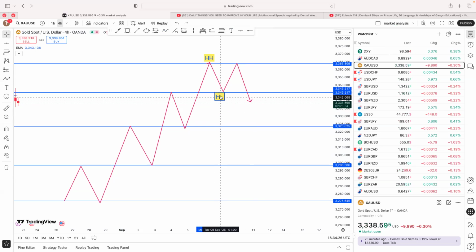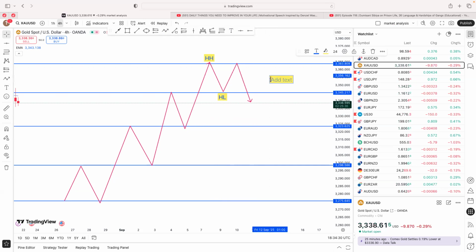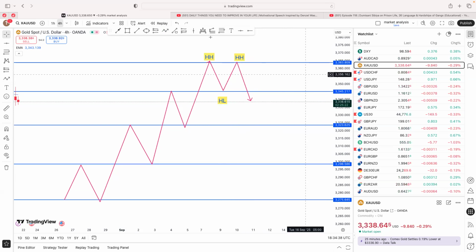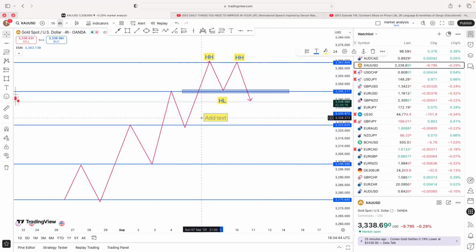Can you see that these are two different scenarios? Yes, we can see that. We've got an M pattern now. We've got a neckline right there.